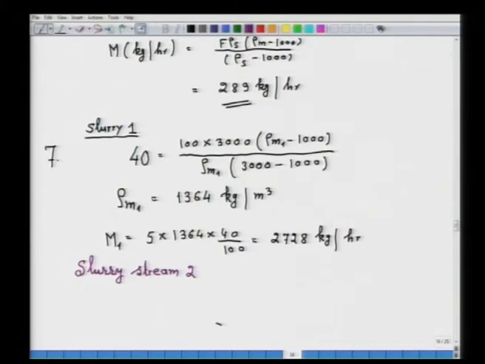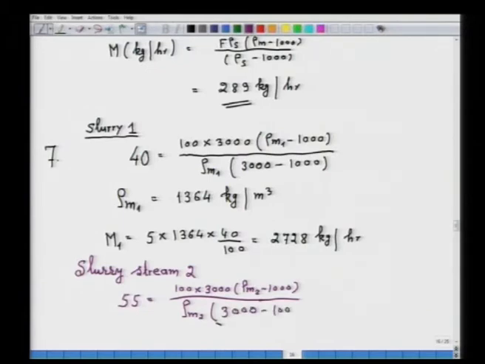Again I calculate the density of slurry 2. So, 55% solid is given, so 55 equals 100 into 3000 into rho m2 minus 1000, upon rho m2 into 3000 minus 1000.